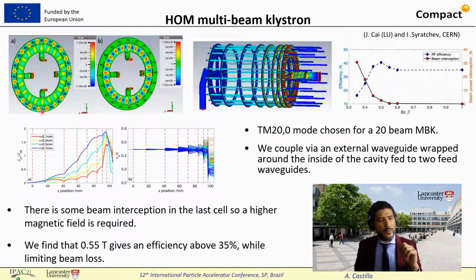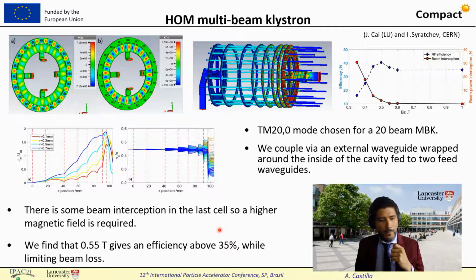It has a ring cavity that produces this mode and is coupled to a wrapped around waveguide to the inside and fed to two different waveguide feeds. The position of these cavities has been optimized using the code CompactLight, and the particle tracking has been done using CST Particle Studio. We can see some beam interception in the last cell.